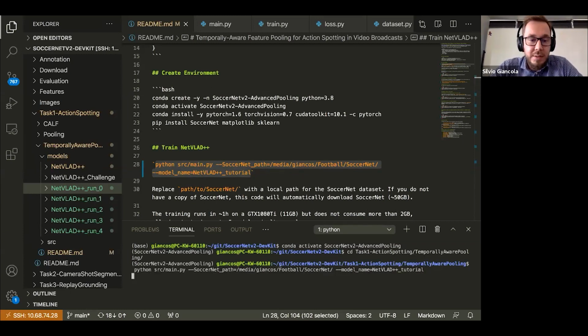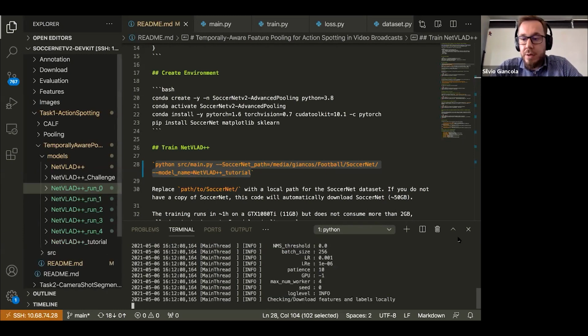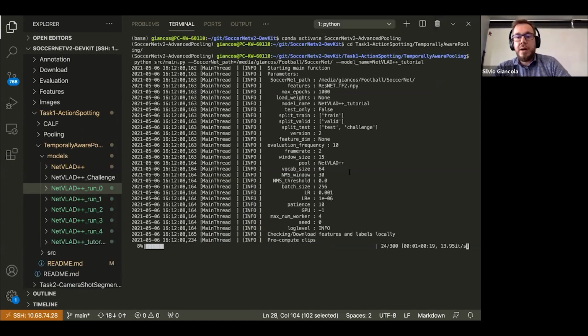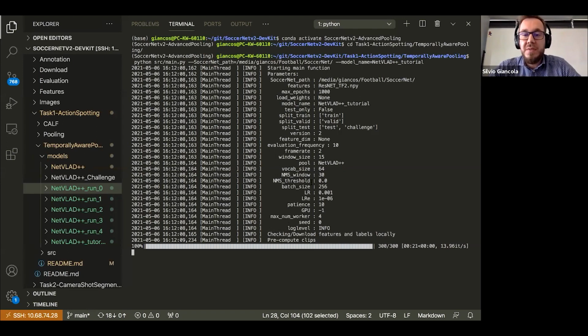So I'll run that, and I will leave that running in the background. Just for you to know, the code is very similar to what Anthony introduced last week with CALF. We have many different parameters you can actually play with. It's first pre-computing all the clips, and then you would be able to train, evaluate, and test on specific sets.